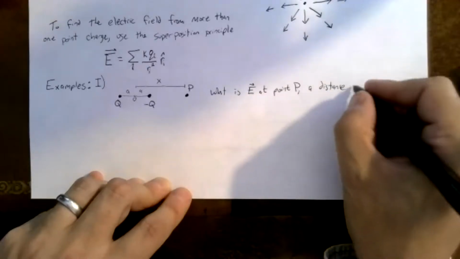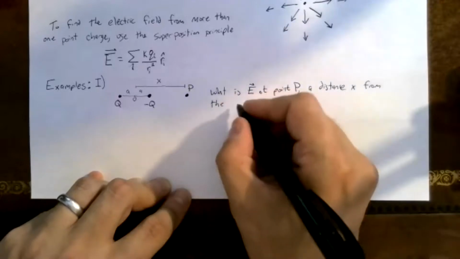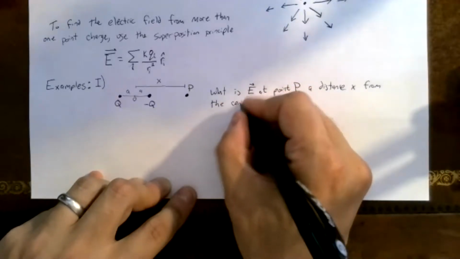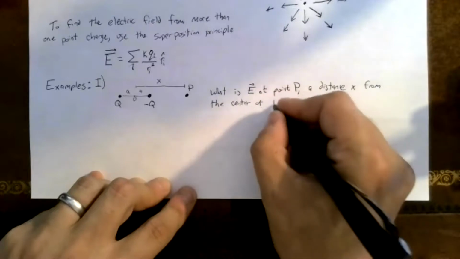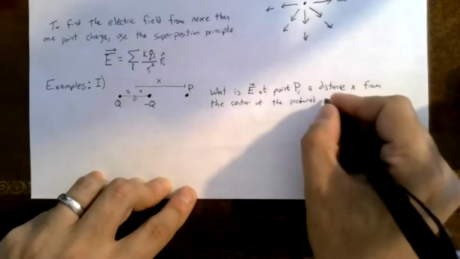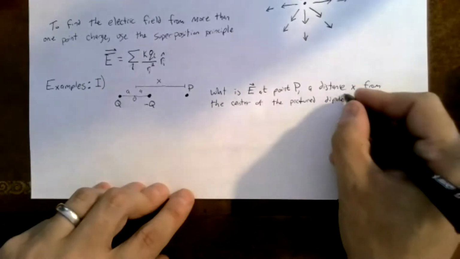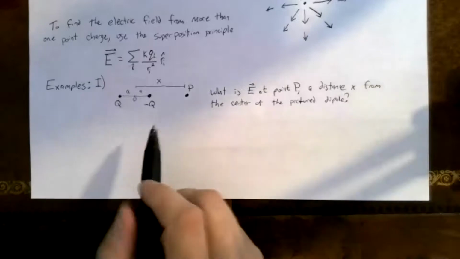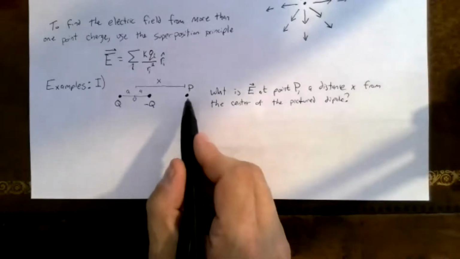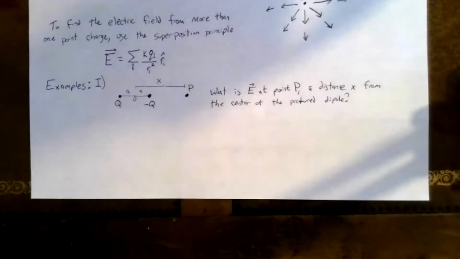The distance x from the center of the pictured dipole. Right, so basically what we're asking is if we place a test charge over here at point P, what's the force going to be on that charge?